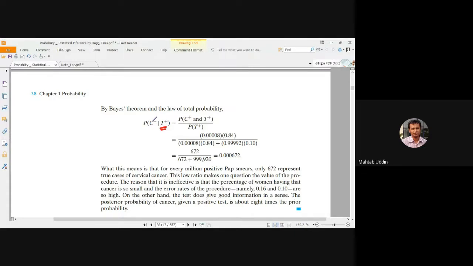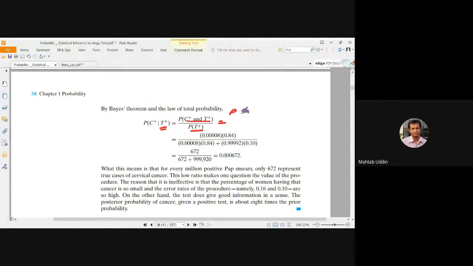Okay, that is the rule. So here you can see the total test positive, then cancer will test positive. Actually, we have to write this.